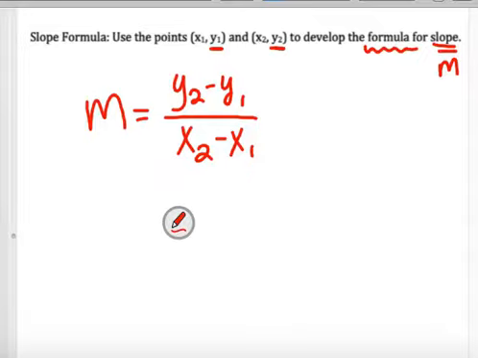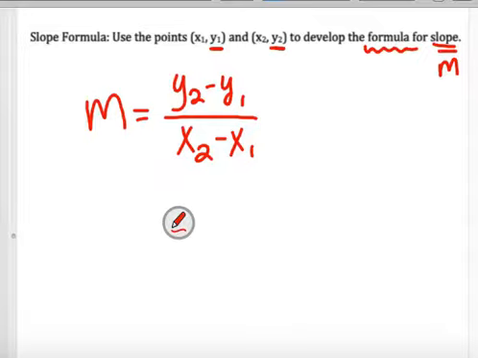And so maybe in the past you've seen this written down as the formula for slope, and maybe in 7th and 8th grade you were shown y2 minus y1 divided by x2 minus x1. However, this equation can sometimes be written incorrectly by students.